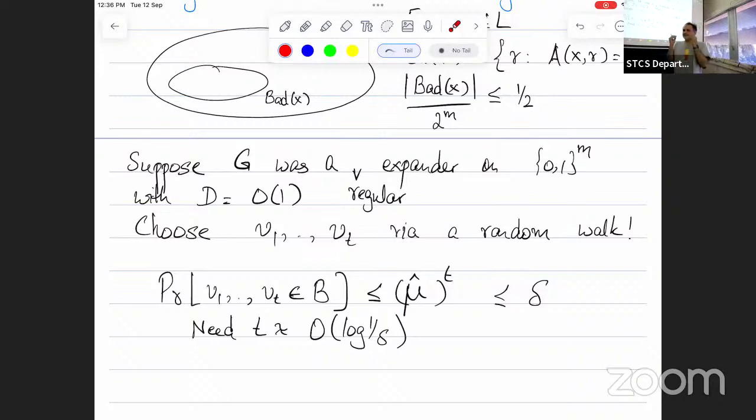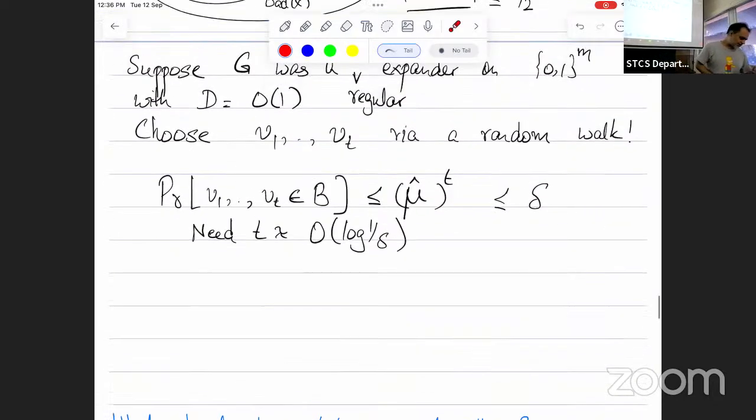Intuitively, if the spectral expansion is some constant, that constant shows up here somehow. For now, let's ignore that, because we don't yet know the nice relation. There will be a trade-off between D and gamma, but we have not gone there yet. But at least this gives you a candidate: rather than choosing completely independent things, you can choose an expander random walk.